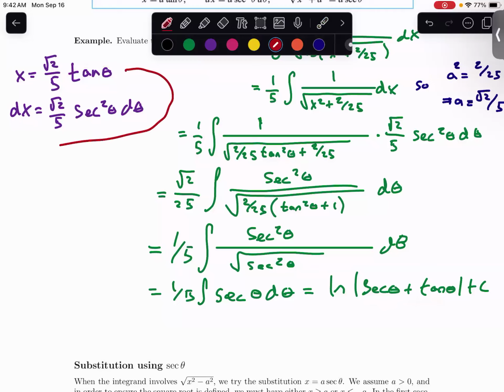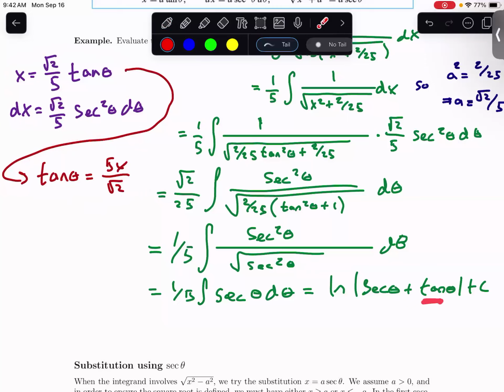So we just take this equation from the very beginning. If we have tangent theta times the square root of 2 over 5 equal to x, this is the same thing as saying that tangent theta is equal to 5x over the square root of 2. So I'm just taking this equation and solving it for tangent theta to get the following equation.